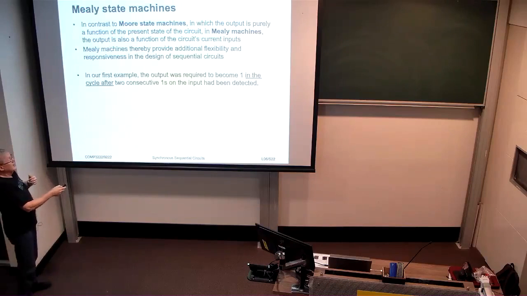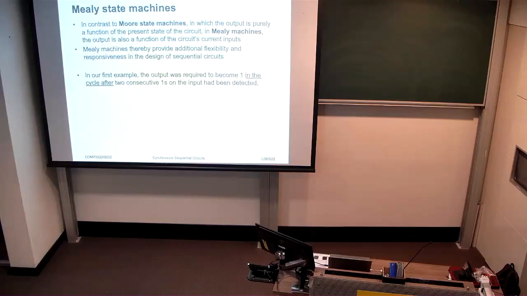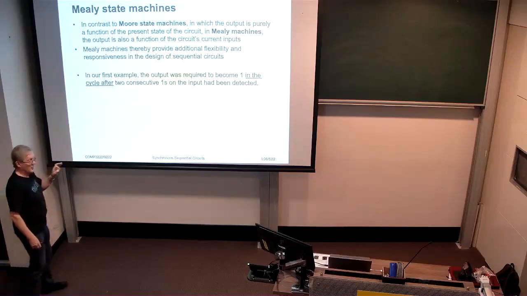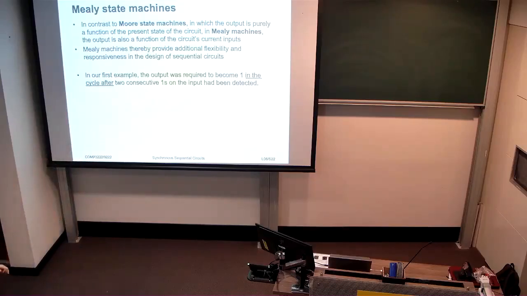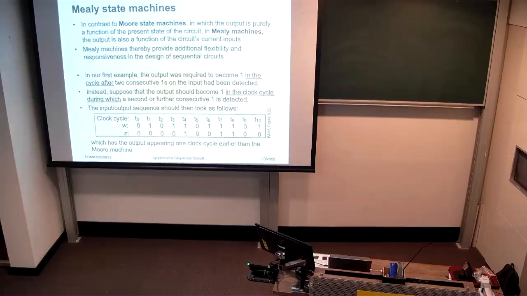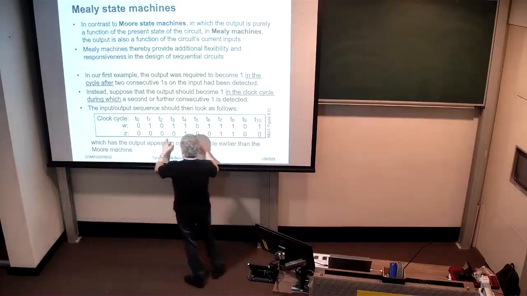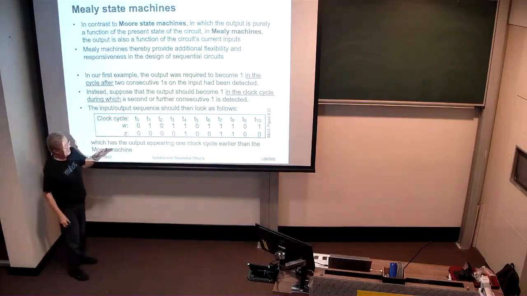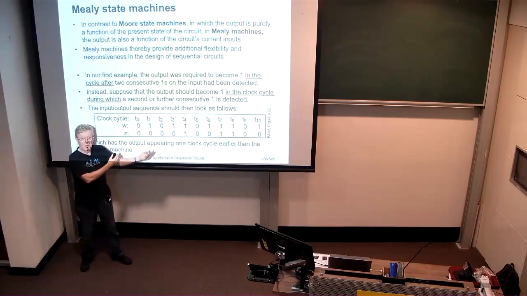So in that example that we looked at, the specification required that the output be 1 in the cycle after 2 consecutive 1s had been seen. Well, what if we change that slightly and say that the output's allowed to be 1 in the cycle that we see the second 1? Okay? So then, effectively, the behavior that we saw previously changes in that the output Z is shifted by 1 clock cycle earlier.